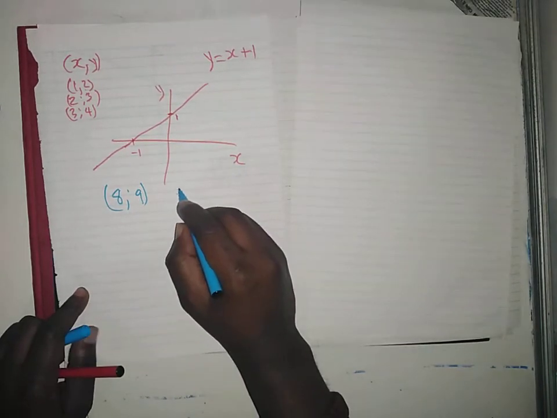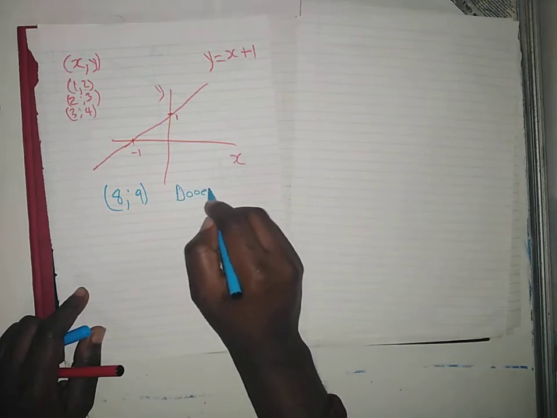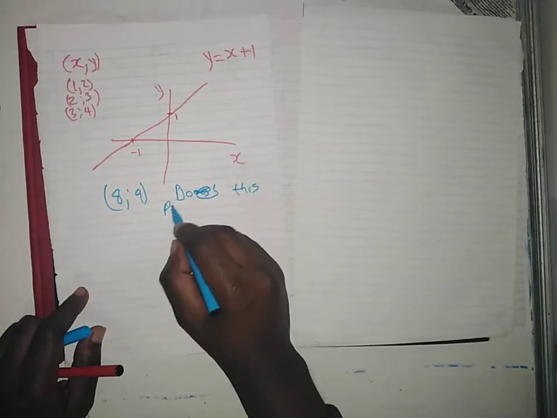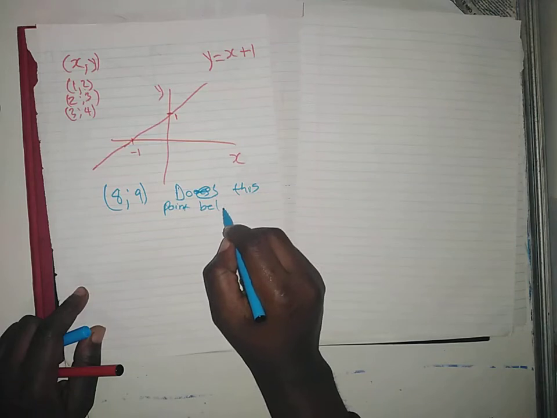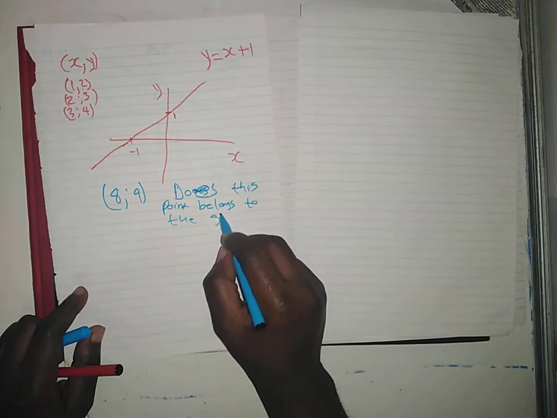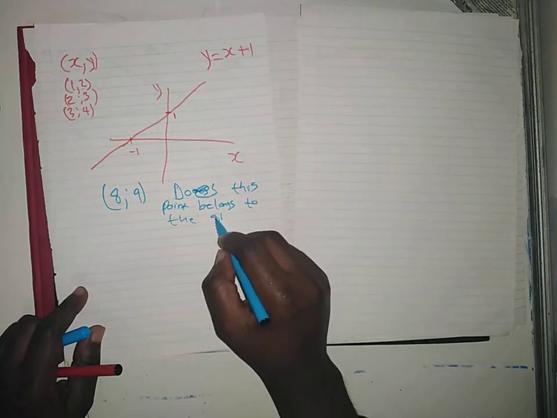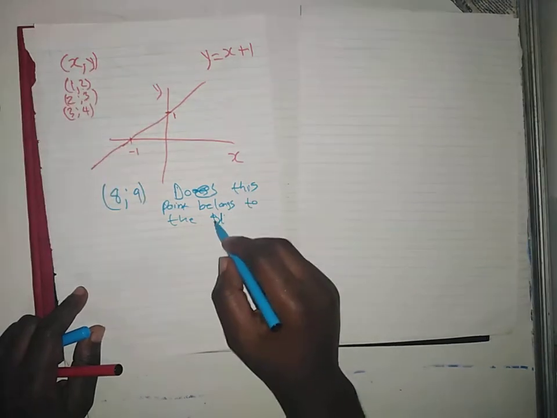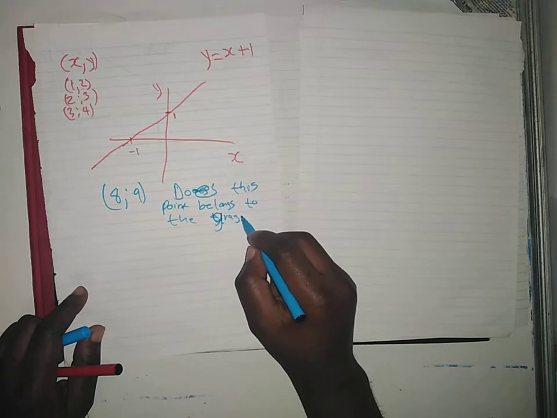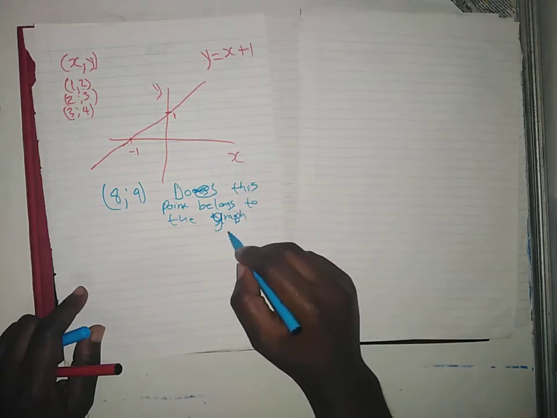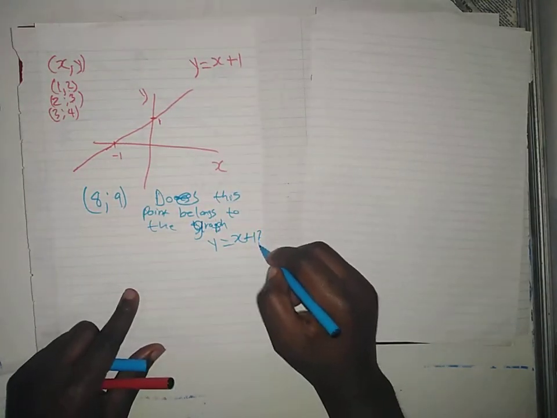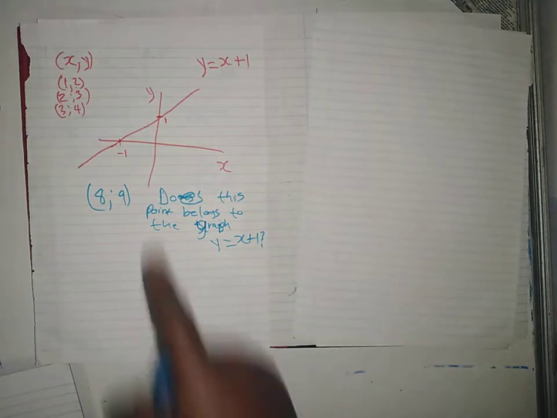My question is, does this point belong to the graph up there, which is y is equal to x plus 1? I'm asking a question. Does this point belong to this graph?